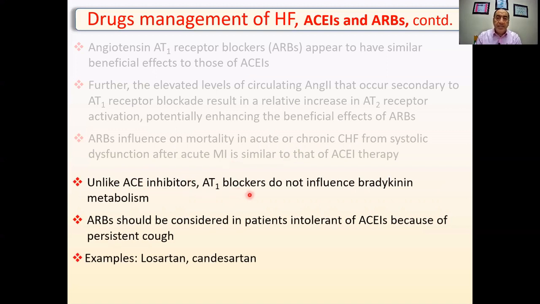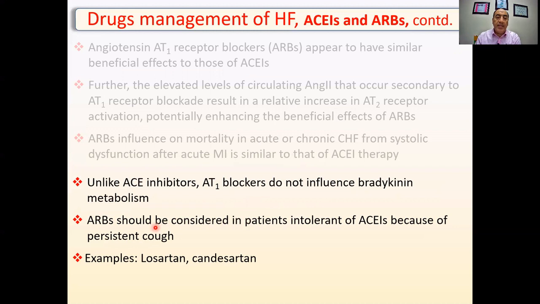However, as we'll explain in a minute, ACE inhibitors also inhibit bradykinin breakdown. Well, this has to do with what we're talking about. Bradykinin is, on one hand, good in treatment of heart failure because they are vasodilators, as we'll explain. But on the other hand, they are inflammatory mediators that can cause persistent cough.